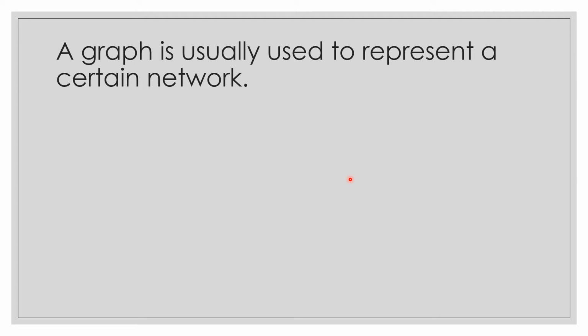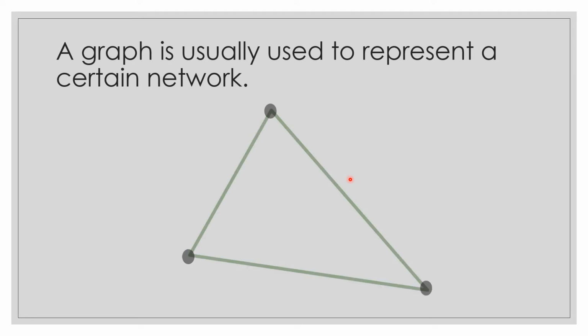A graph is usually used to represent a certain network. So this is a simple graph that shows the network, and a graph is interpreted as a series of dots. You can see here 3 dots, and sometimes 4, 5, and so on, which are either linked or not linked to one another by lines.